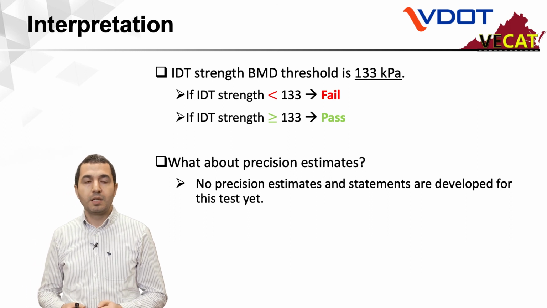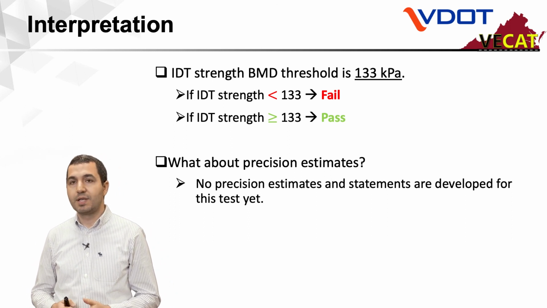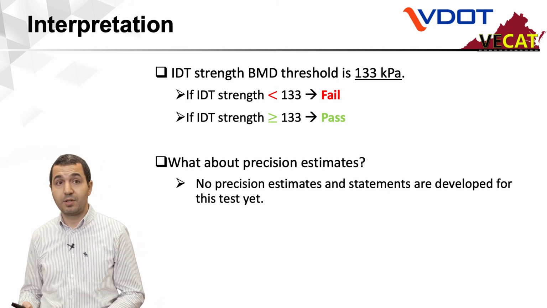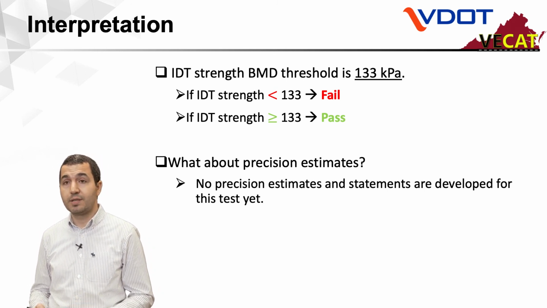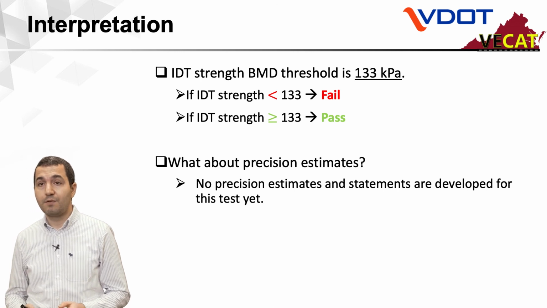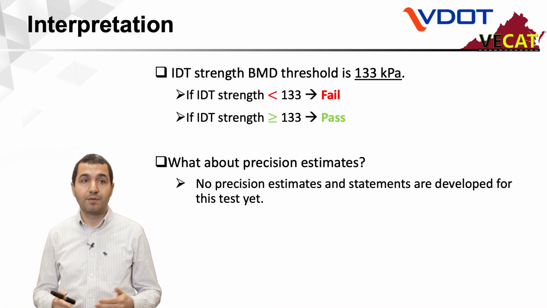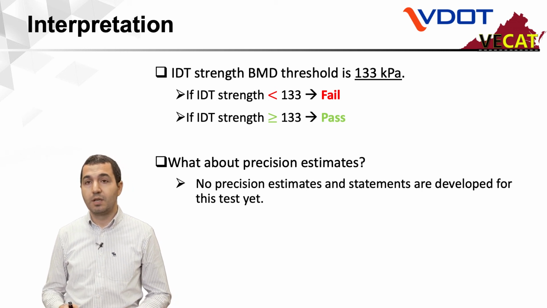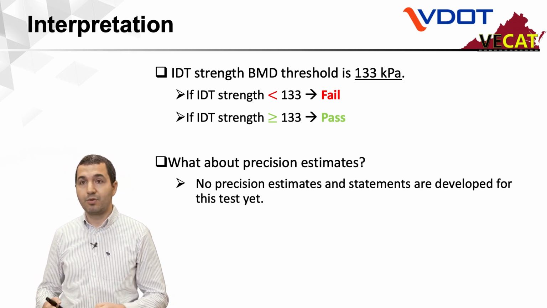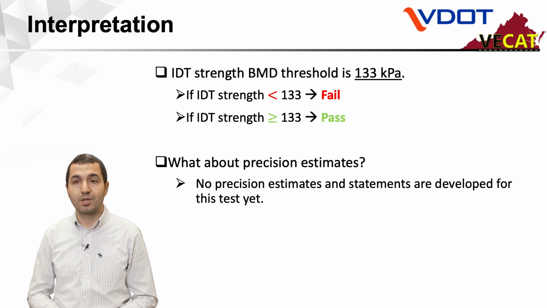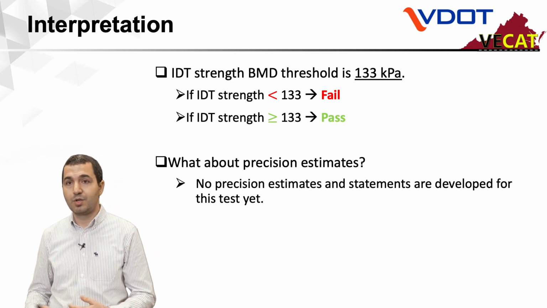And then the IDT strength criteria for this test is 133 kilopascal. Please make sure to pay attention to the units here. If you have a strength that is less than that value, you are failing to meet the requirement. If you are exceeding that value, you have a mixture that is resistant to rutting.